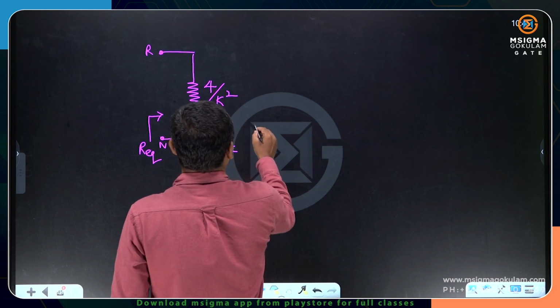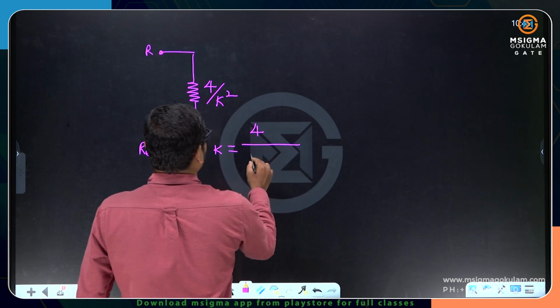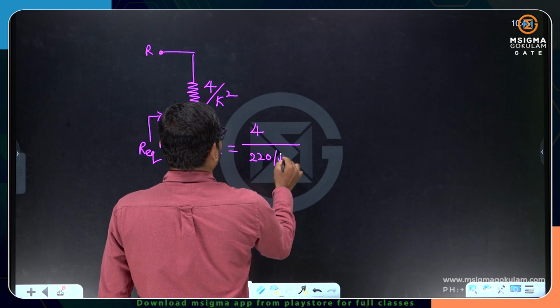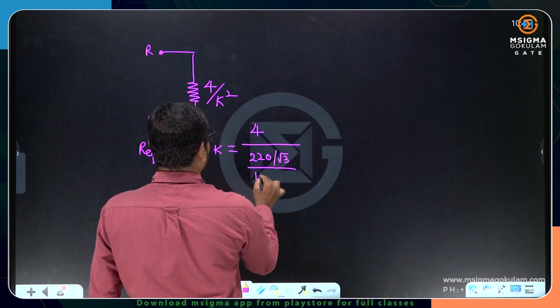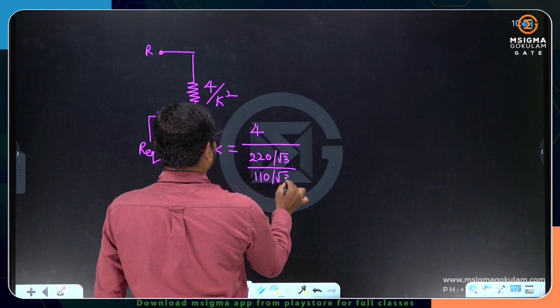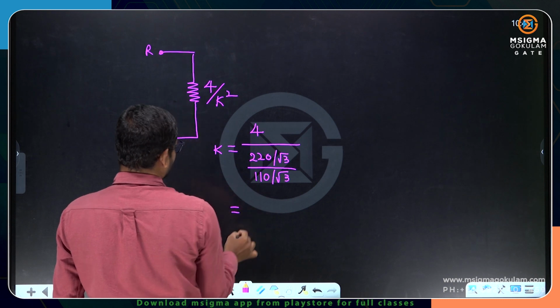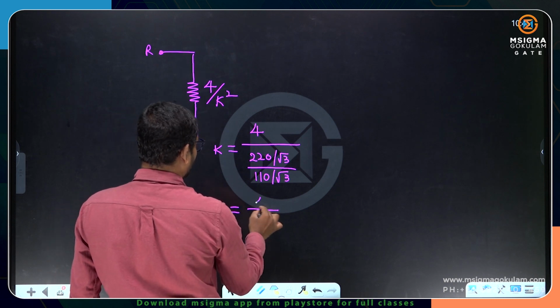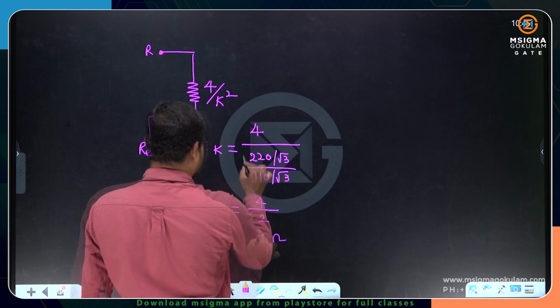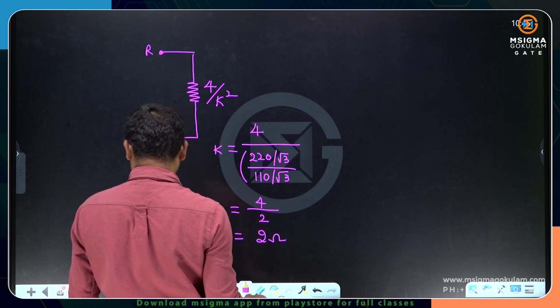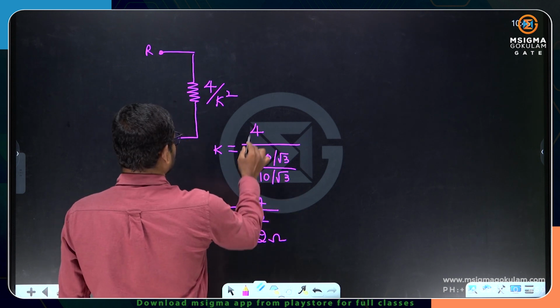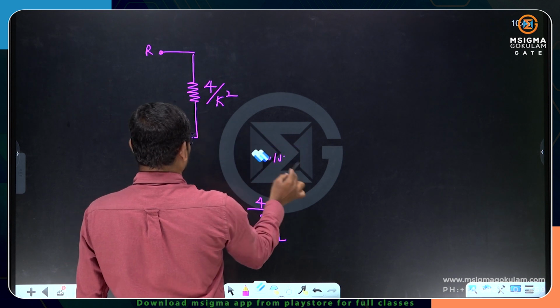So K is 220 by root 3, the earlier voltage, over the present voltage, 110 by root 3. Root 3 gets cancelled. 220 by 110 is 2. So 4 by 2, oh sorry, we have K square, no? I forgot to erase this.